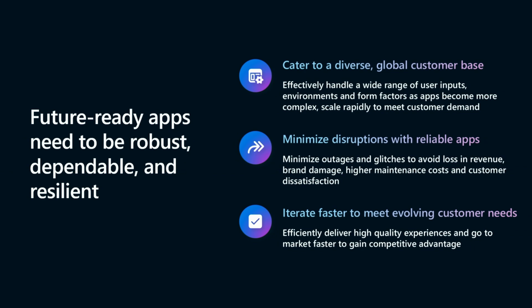There should not be any glitches. Downtimes, outages, and glitches have resulted in companies seeing losses in revenues, losing the brand reputation that they have, and having dissatisfied customers. So these apps better have reliability and scalability and resilience built into them.